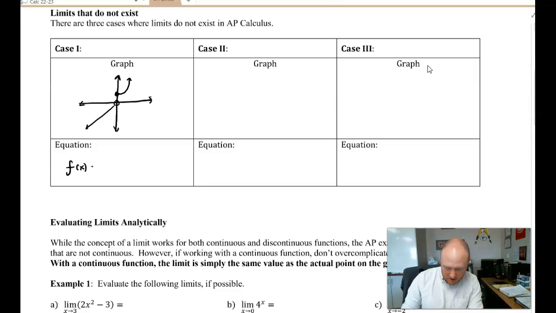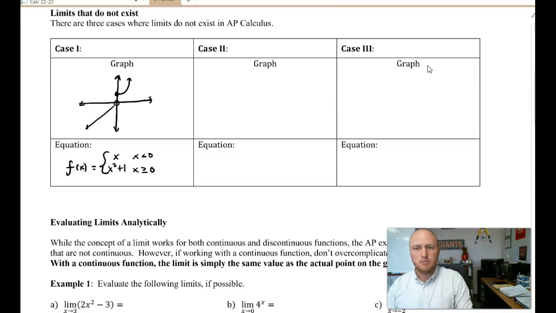If we made it up, it would be y is equal to x for all x values that are less than 0, and for everything greater than or equal to 0 I could put x squared plus 1.